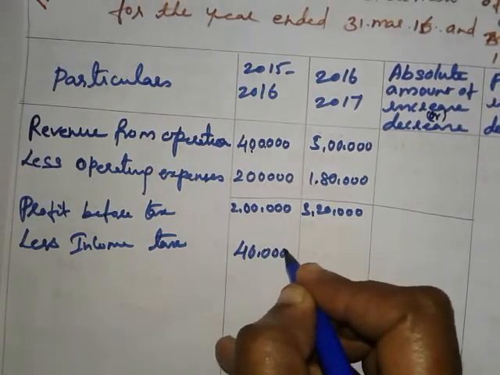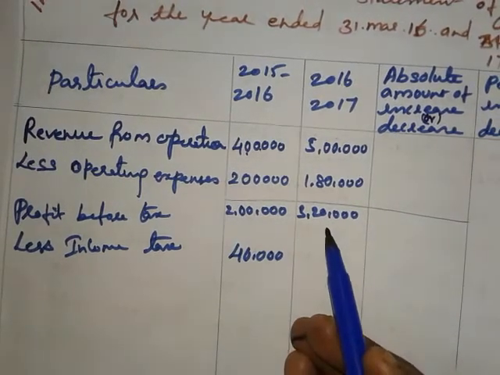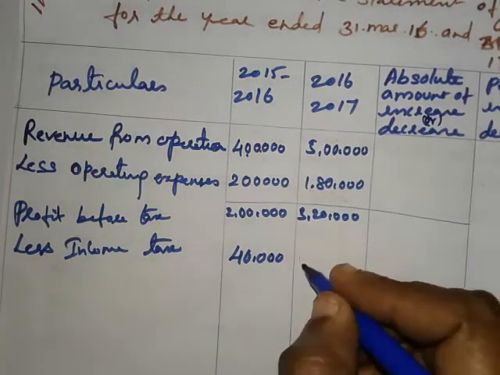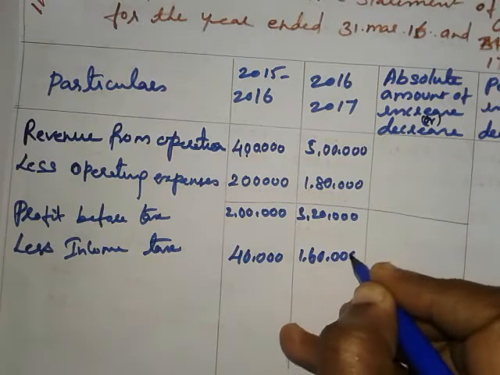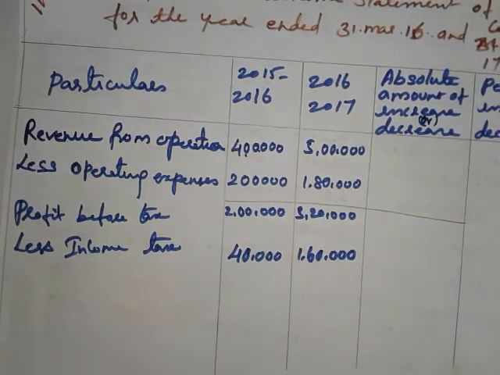40,000, and for the second year you can calculate 3,20,000 into the percentage, which is 50. So you have to calculate 3,20,000 into 50 by 100. Then you can get 1,60,000. This is the income tax.